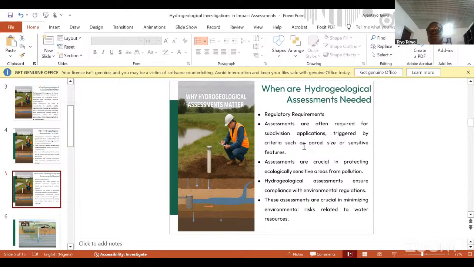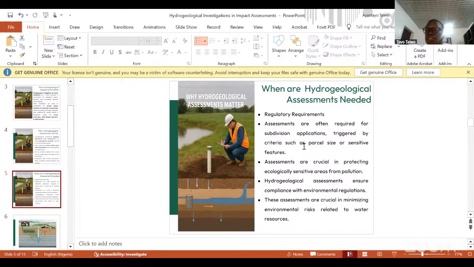So it's important first and foremost, we need these assessments for regulatory requirements, because it's one of the things they'll be looking at. In most cases, when we are in the panel review, one of the critical areas that is always looked at is the groundwater and the surface water.